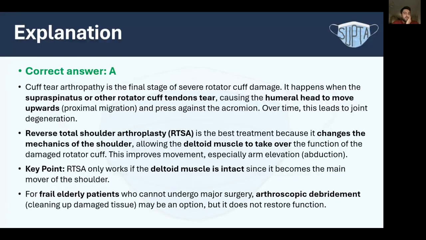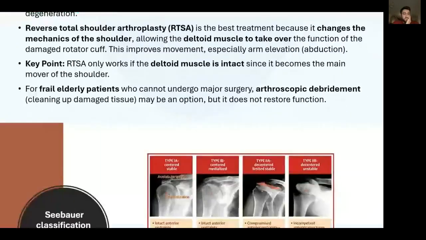The key point to take away is that for RTSA to work, we need an intact deltoid muscle, since it will become the main mover of the shoulder after the surgery. For a frail elderly patient who cannot undergo major surgery, arthroscopic debridement may be an option, but it doesn't really restore the function. So it's not the best option here.